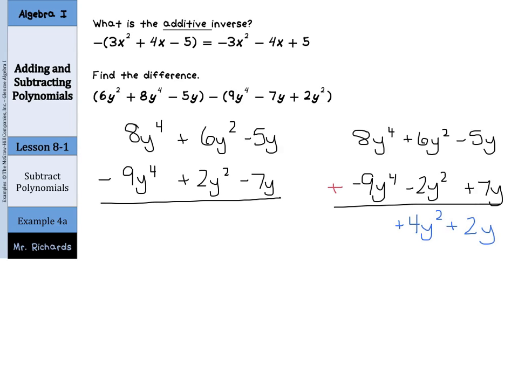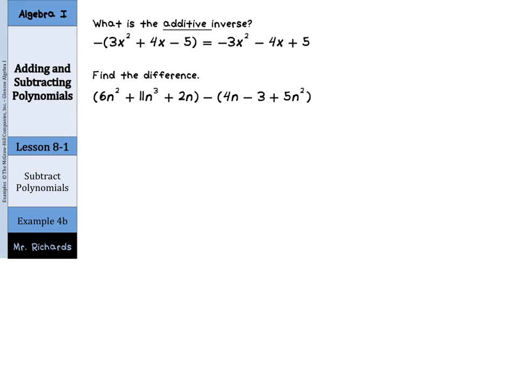And lastly, 8y to the fourth plus a negative 9y to the fourth is a negative 1, or just negative y to the fourth. And that's the answer. Negative y to the fourth plus 4y squared plus 2y. Now you can also do this using the horizontal method, but we'll just stick to the vertical method for now.